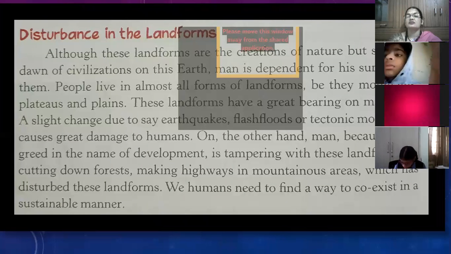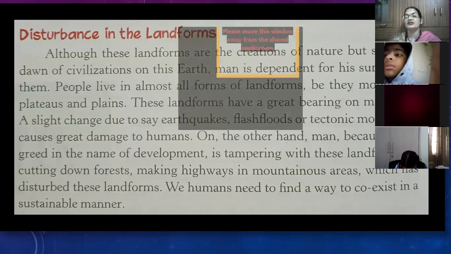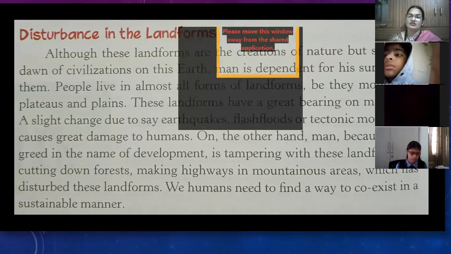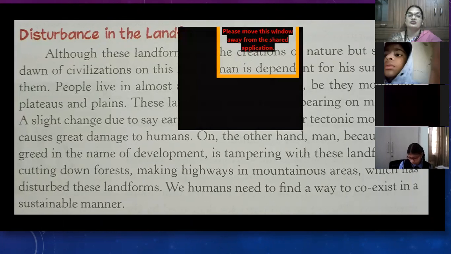Our district Ajmer is plain, and the hilly districts are Dungarpur, Banswara. The desert region districts are Jaisalmer, Barmer. So if we compare, life there would be harsh and difficult compared to our life.